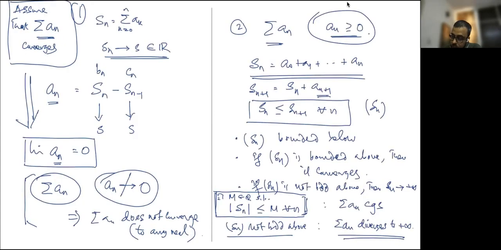I have said this for series of non-negative terms, but if you have a series for which, except for finitely many terms, all the terms are non-negative, that means after a while all the terms are non-negative, even then whatever we have seen here will continue to hold. So the partial sums will not be increasing throughout, but after a stage they will be increasing, and then everything else will be the same.